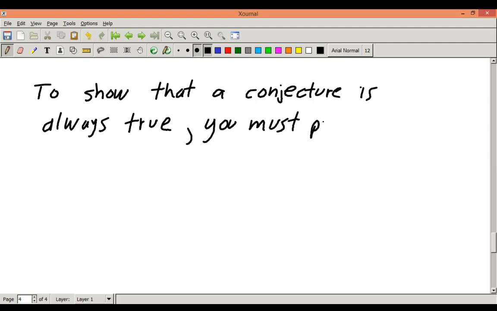In case you're starting to think where this is all heading, yes, we prove theorems in this class, so we have to know how to prove things. So to show that a conjecture is always true, you must prove it. 4 examples is not a proof.